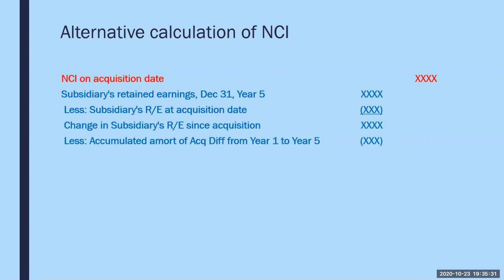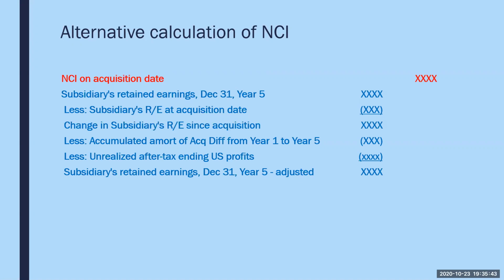Subtract the accumulated amortization of acquisition differential from the date of acquisition up to the end of the current year, and any ending upstream unrealized profits, to get the subsidiary's adjusted retained earnings at the current date. Multiply this by NCI's share, and the amount that you get, if added to NCI on acquisition date, gives you non-controlling interest to be reported on the consolidated balance sheet on December 31st, year 5.